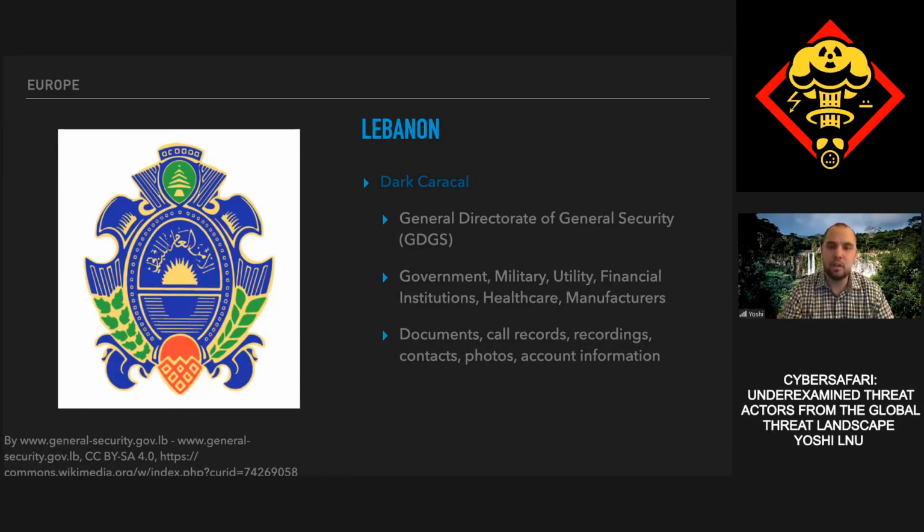Then they looked at the Wi-Fi networks associated with those devices, did some OSINT on those Wi-Fi networks, and were able to pinpoint them to a specific building in Lebanon. On top of all of that, the command and control infrastructure had 3 IP addresses that were the main command and control, and those IPs were from the state-owned Ogero Telecom. So that's pretty strong attribution.